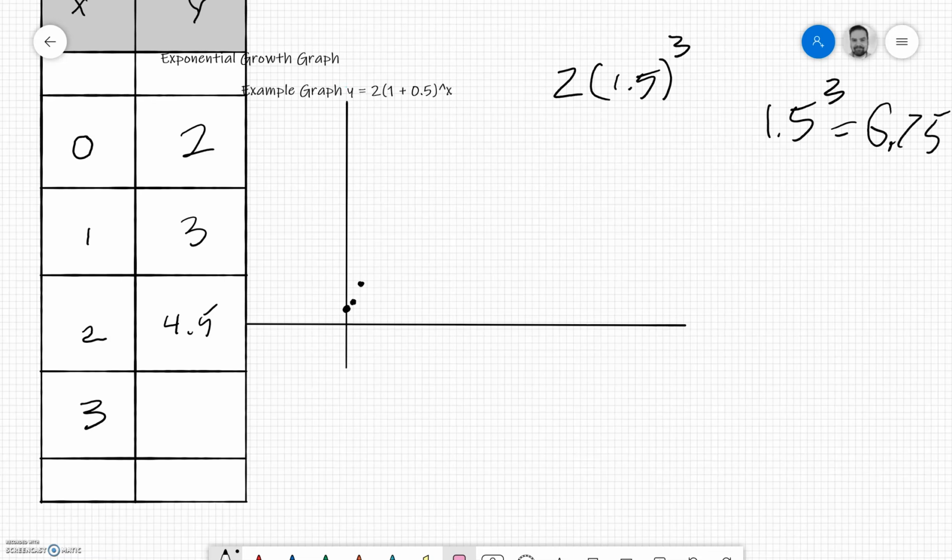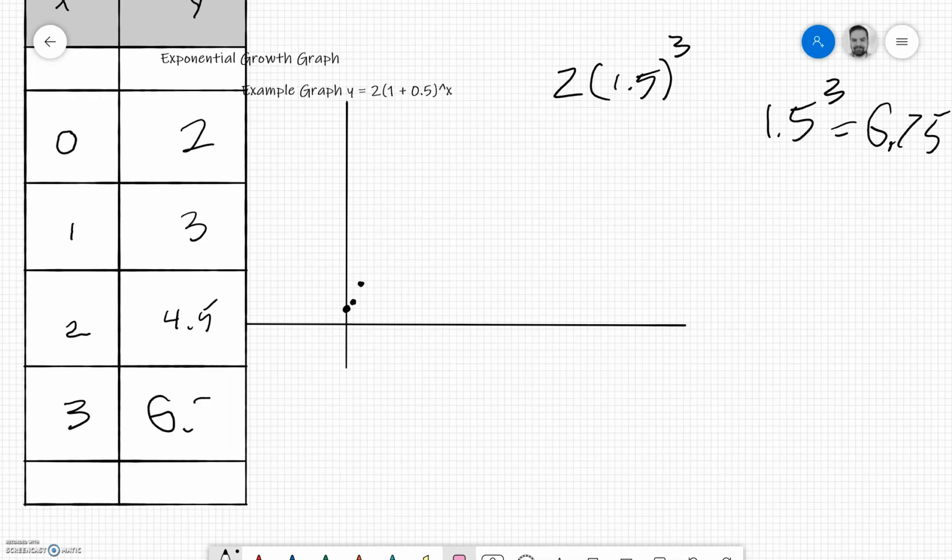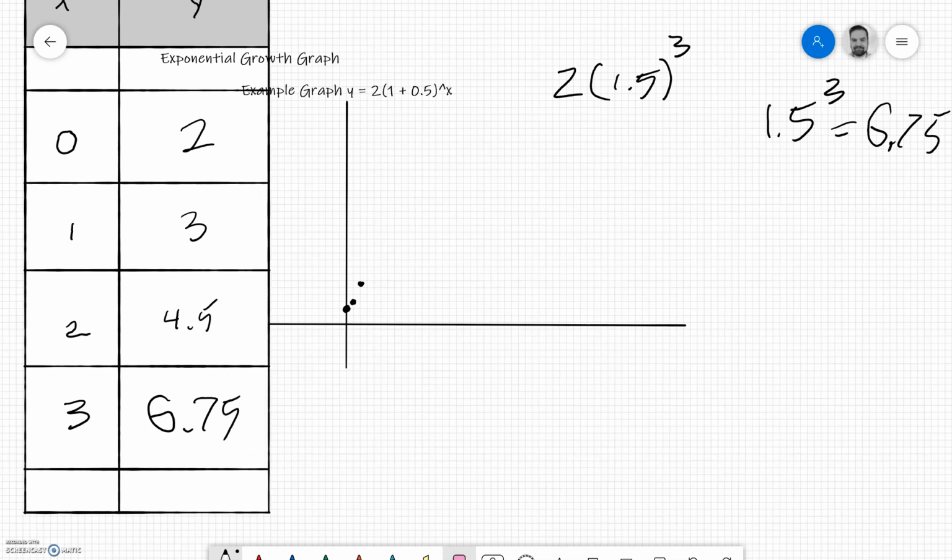So now that I'm at 3, I'm going to be up to 6.75. At 3, counting 1, 2, 3, I'm at 4.5, 5, 6, 7.5, and we can start to get the idea of how this graph is really going to take off.